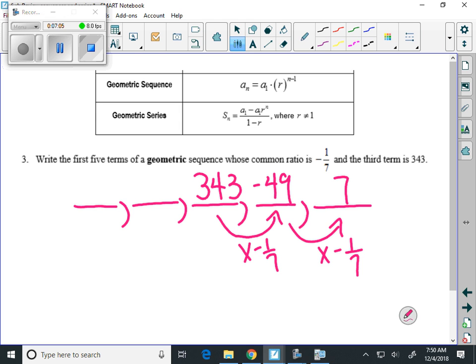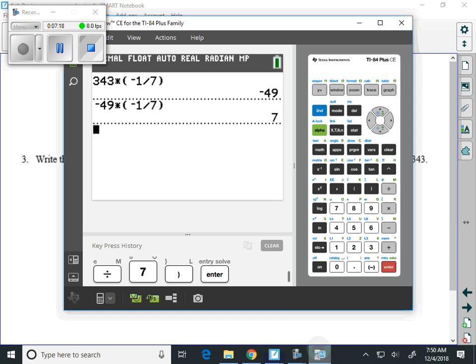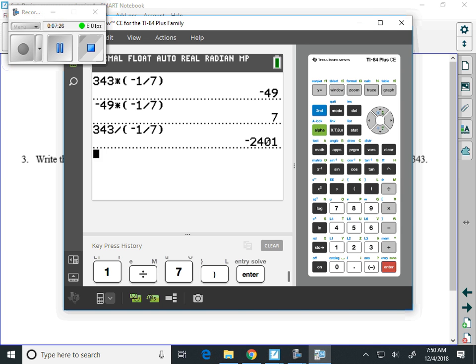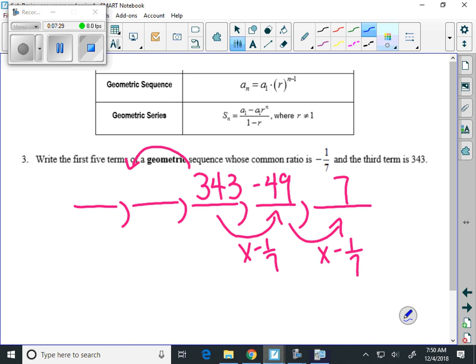So you can make a logical assumption that if we're going the other direction, then we must be dividing. So we take the 343, that's where I'm starting, 343 divided by negative 1/7, and we get negative 2,401.